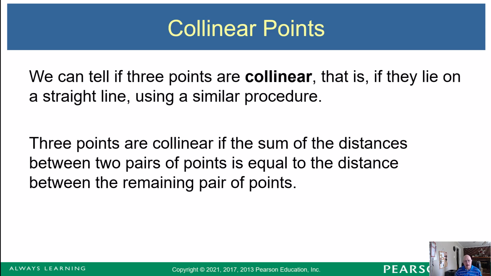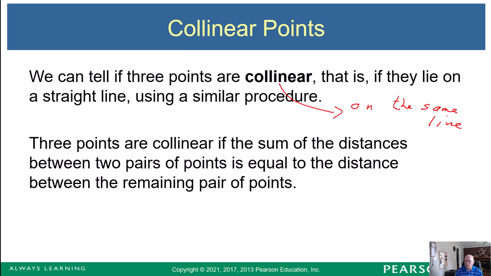Next, how can you tell if the points are collinear? Is that a new word to you? All it means is they're all in the same line. How do you figure that out?